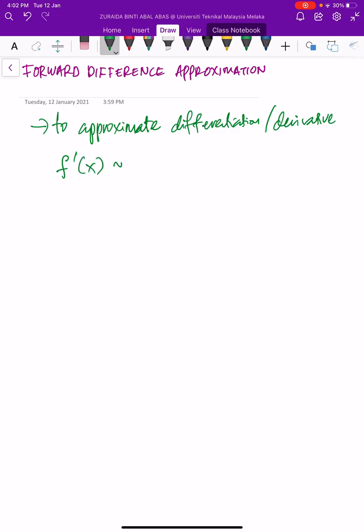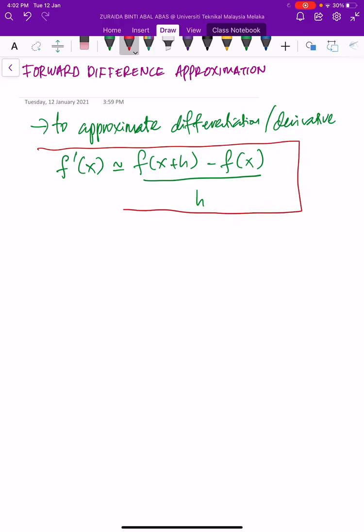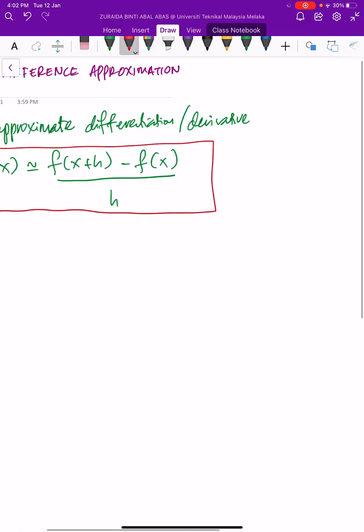So this is going to be f of x plus h minus f of x, divided by h. This is the formula for forward difference approximation, where h is the step size.